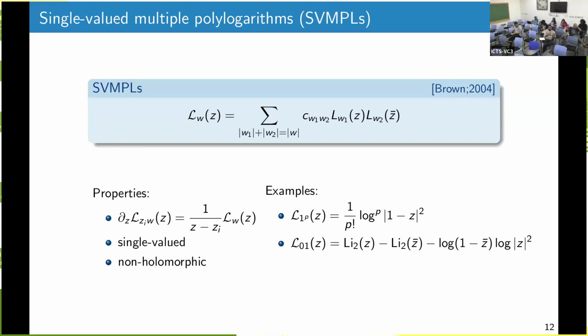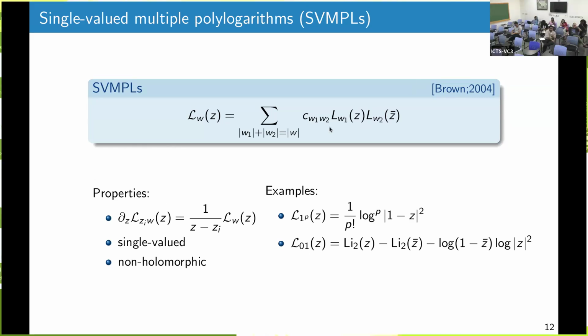I see. So W is a word and we just partition it into 2 parts. No, if W is length 3, you take all combinations of words W1 and W2 that add up to length 3. But in the second example, you have L01, right? So what does the 01 mean? 01 has length 2.